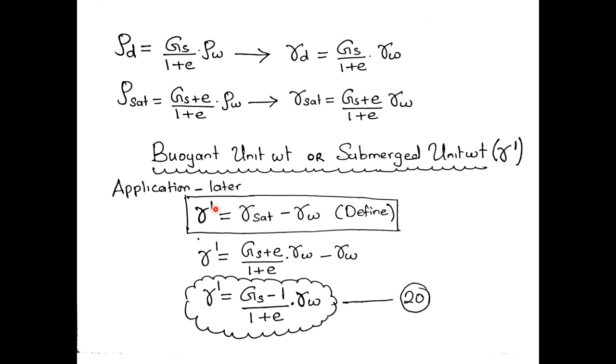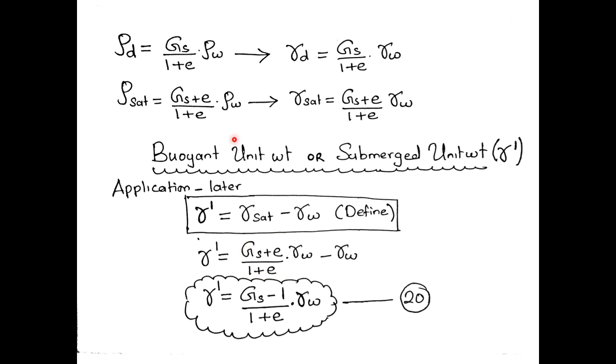The definition of gamma dash is gamma saturation minus gamma W. Gamma saturation is equal to Gs plus e, into gamma W, over 1 plus e.